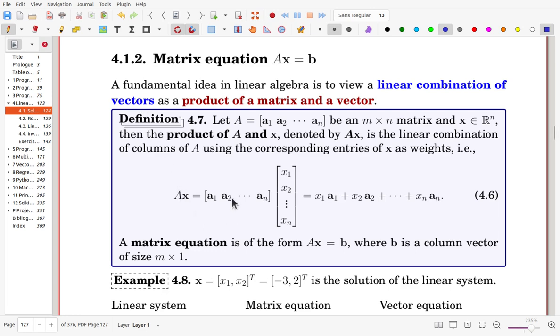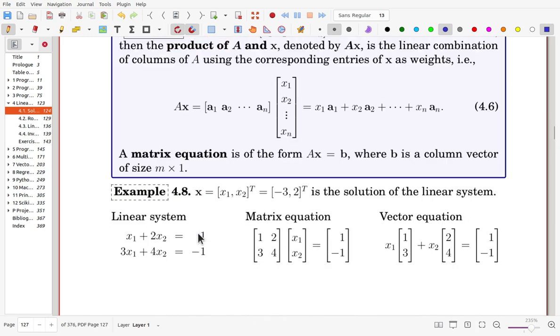A matrix equation is of the form AX equals B, where B is a column vector of size m. Now, for this system, whether as a matrix equation or vector equation, the solution is -3 and 2.